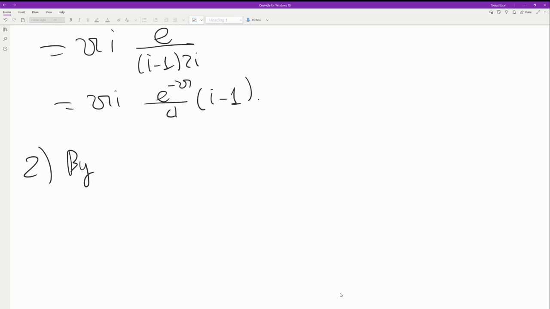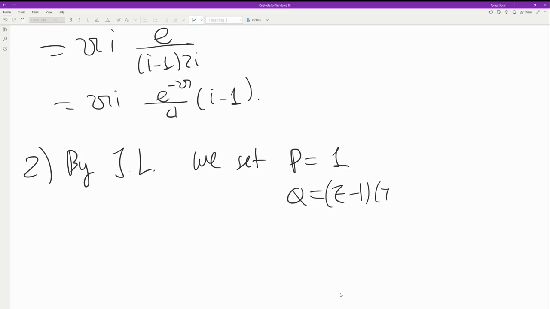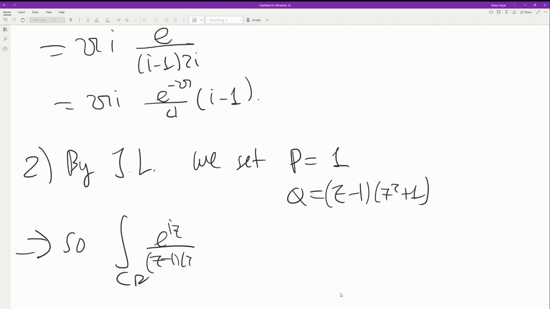Second, we do the Jordan lemma. By JL, we set P to be 1, Q to be z minus 1, z squared plus 1. So indeed, this integral goes to 0. So that guy is out.